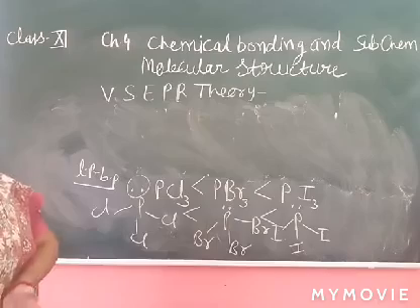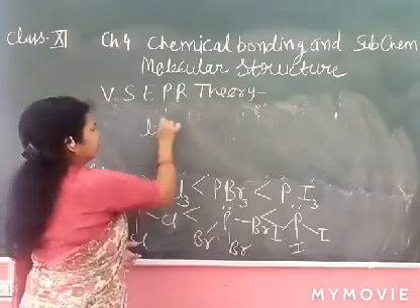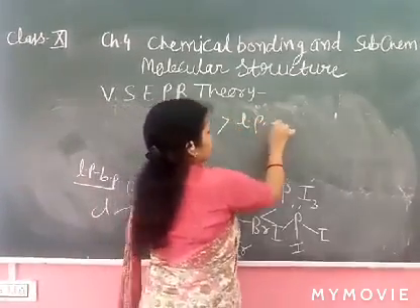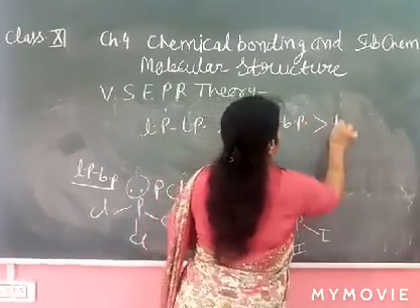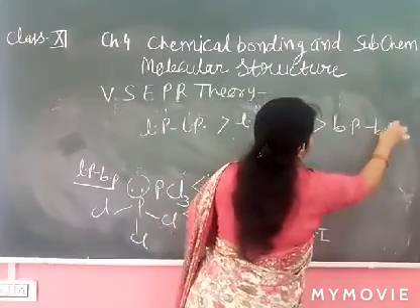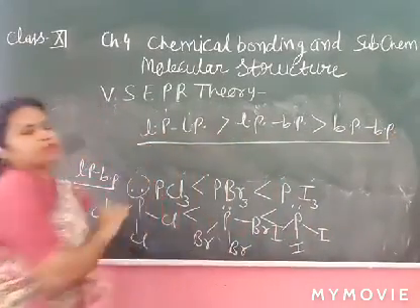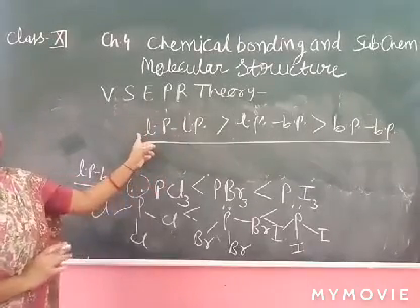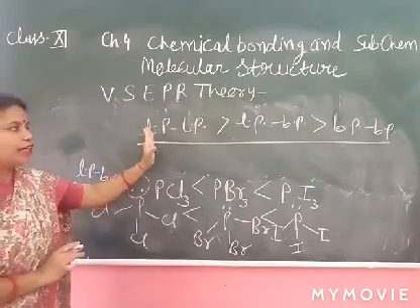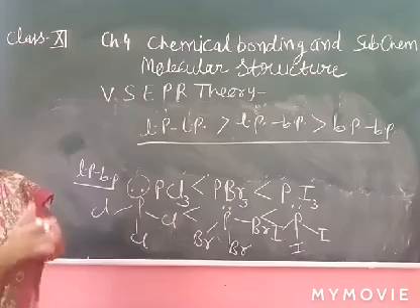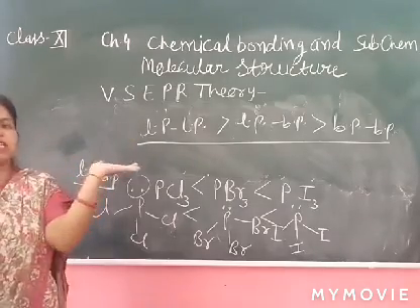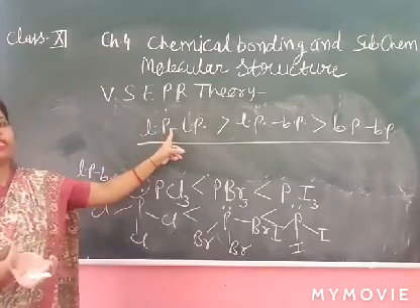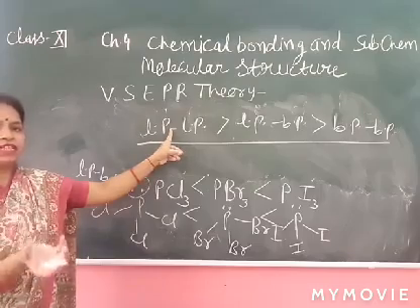How to explain? In all questions you have to explain with only one point: lone pair, lone pair and bond pair repulsion. In any question of BSc VSEPR theory you have to write this point and explain by this point. When there is lone pair repulsion, the bond shrinks and the bond angle is decreased.